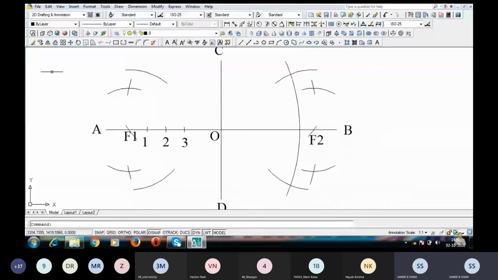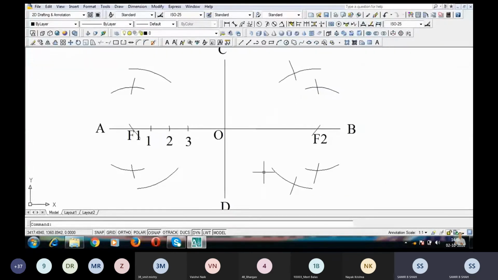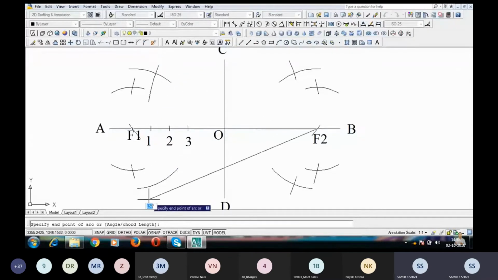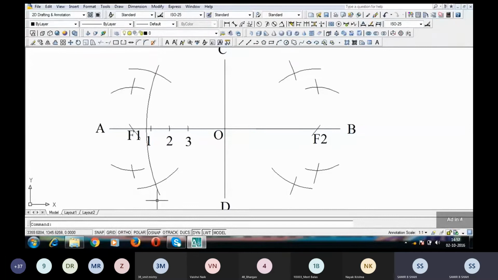Very nice. So that's it. Again, we'll take F2 as center, and now we're gonna take an arc of radius 92.5 or 2b for that matter. So this is the arc. All right.